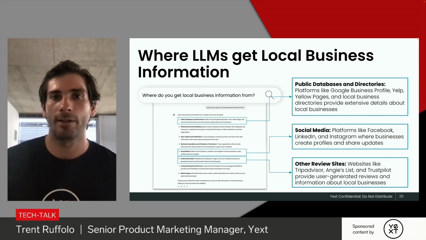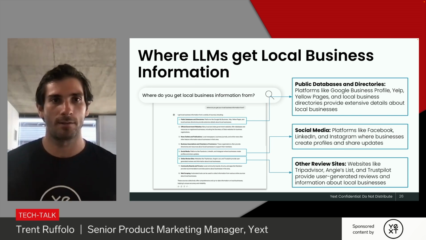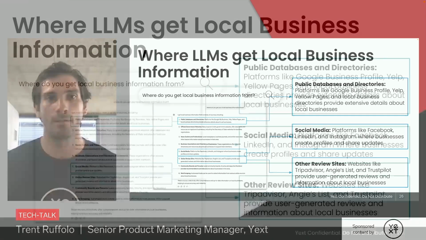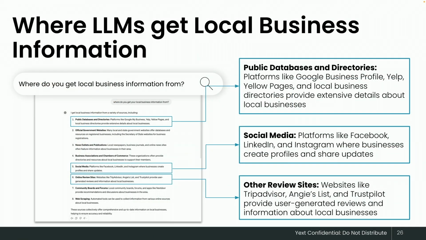So to double click here and show you another example of the impact of a lot of these longer tail sites and the smaller ones that don't generate as much direct traffic, we actually went and asked a bunch of these large language models where they get their local business information from. And some of the top sources that they featured included numerous online directories, social platforms, and online review sites.